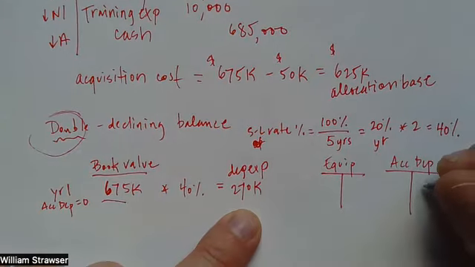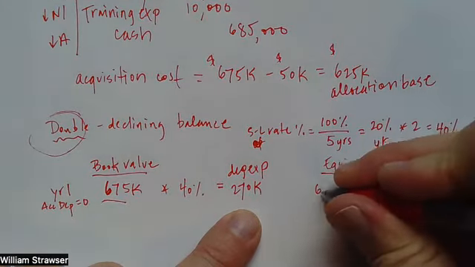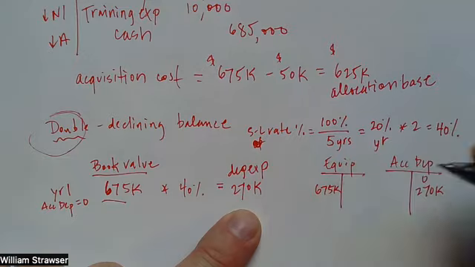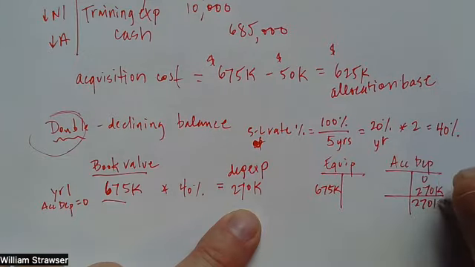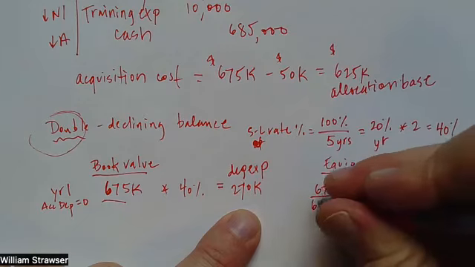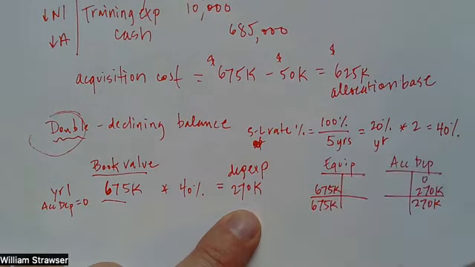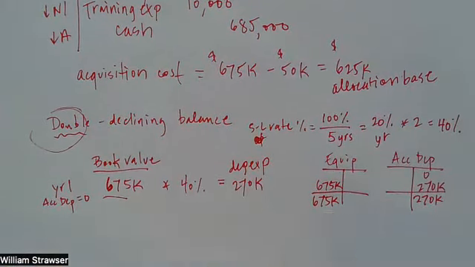Accumulated depreciation would start at 0, gone up to 270. I have this equipment at 675. And at the end of the first year, then that would be 270. The equipment would not have changed. We don't mess with this a lot. We might a little bit, and we'll talk a little bit about when we do.